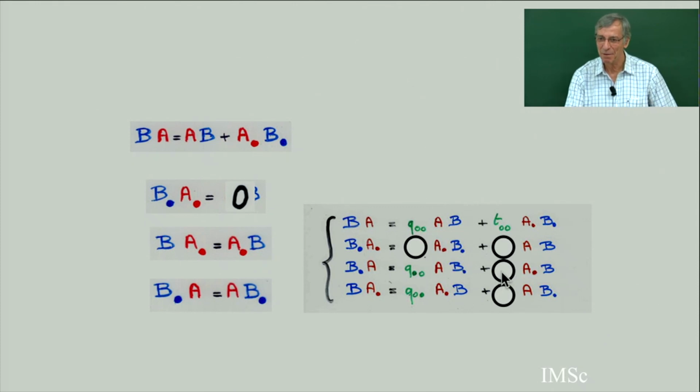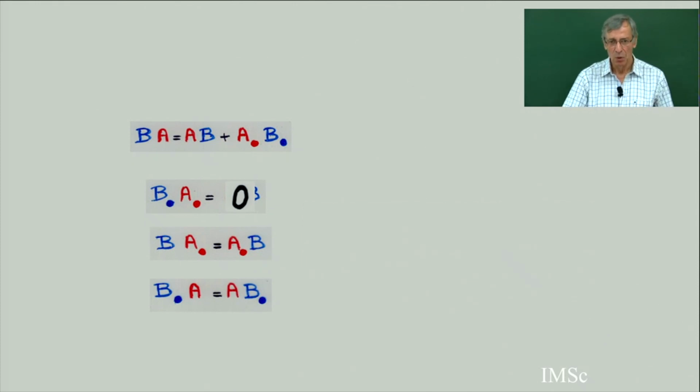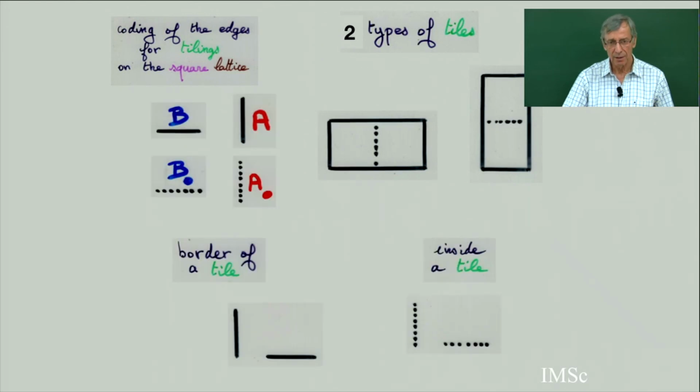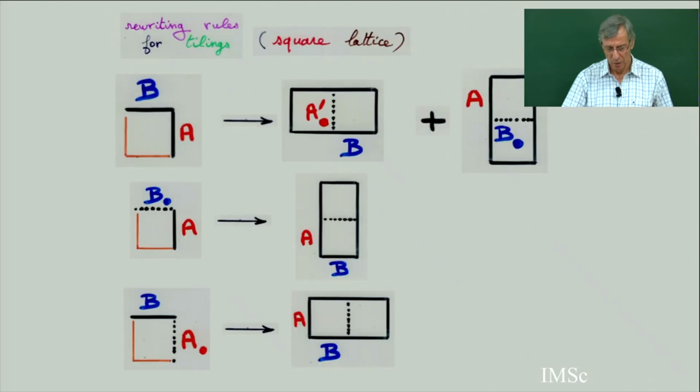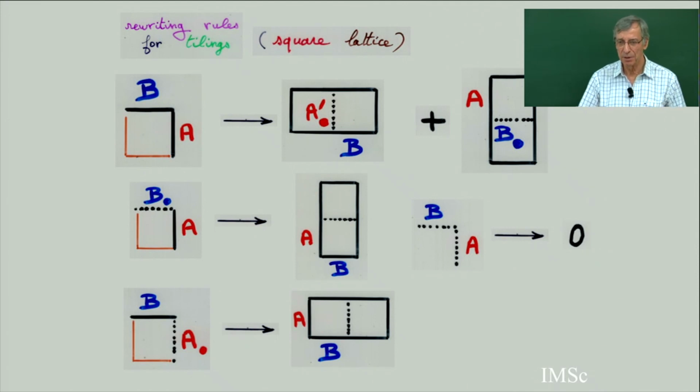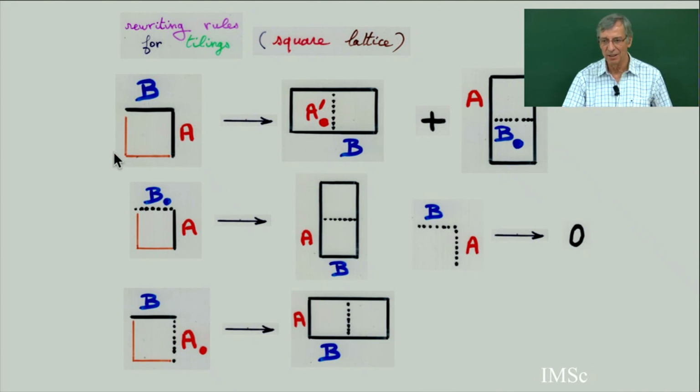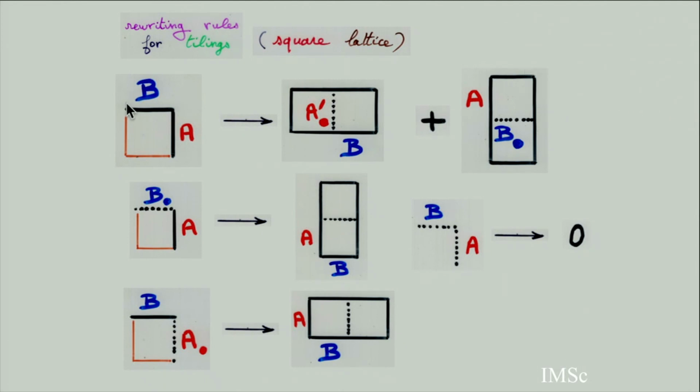Yes, question? Could we just go back to this? Okay, this is all the possibilities. I look locally at a square in the tiling, with the philosophy of planar automata rewriting. I look at whenever BA appears, all possible cases. There are two different cases for the horizontal edges, so there are four possible cases: the horizontal edge is B or B dot, the vertical edge is A or A dot.